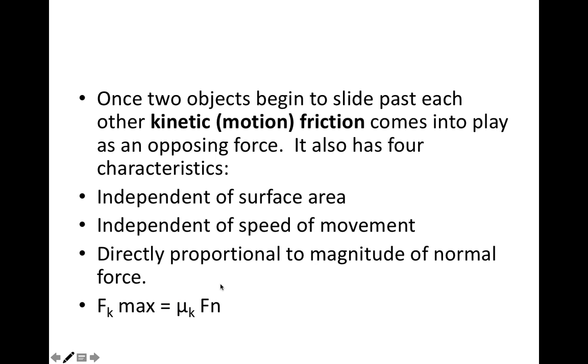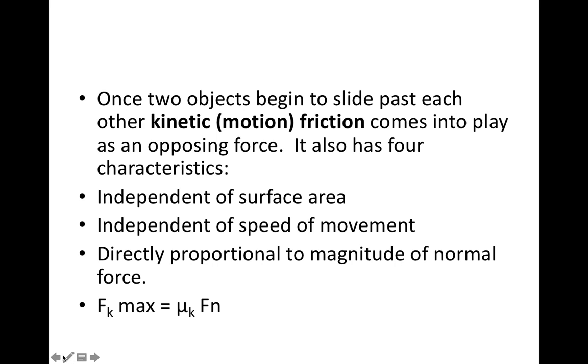Once two objects begin to slide past each other, kinetic friction comes into play as an opposing force. It also has characteristics. It's independent of the surface area. It's independent of the speed of movement, so it does not get affected by how fast two objects are moving across each other. Kinetic frictional force is not dependent on speed, and it's directly proportional to the magnitude of the normal force.